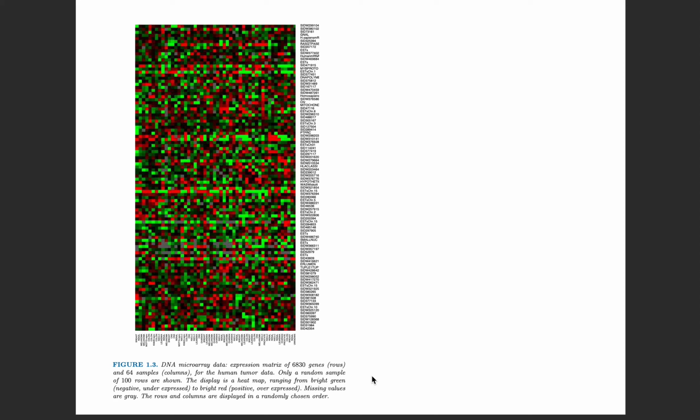Maybe if we know something from this patient, we can apply it to the other patient. Another question is, which genes are most similar to each other in terms of their expression profile across samples? And do certain genes show very high or very low expression for certain cancer samples? So these are all questions which can be addressed using unsupervised learning, because there is no specific outcome.